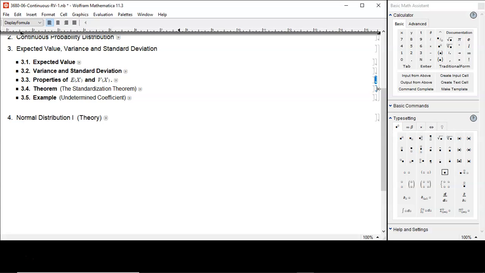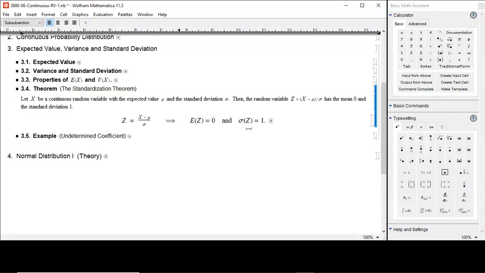Enough time for one more? Okay, I guess so. The standardization. Let's consider the composite random variable obtained by x minus mu over sigma. Mu is the expected value, and the standard deviation is sigma that goes downstairs.